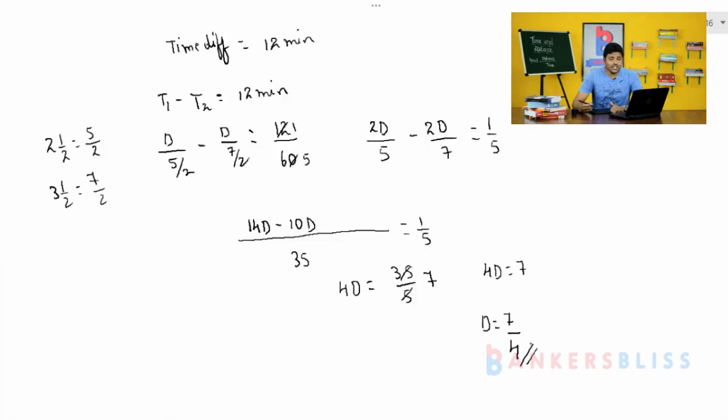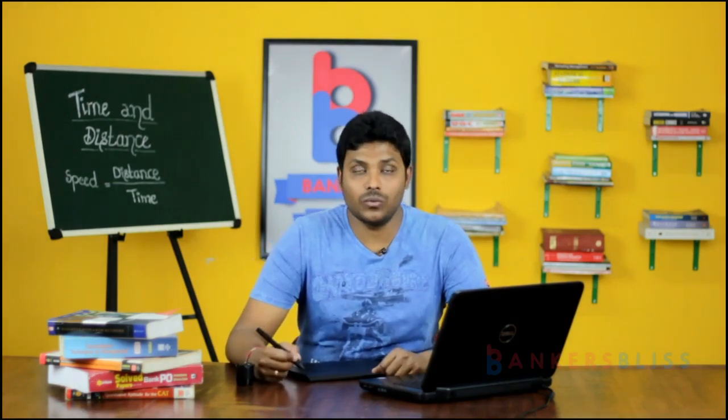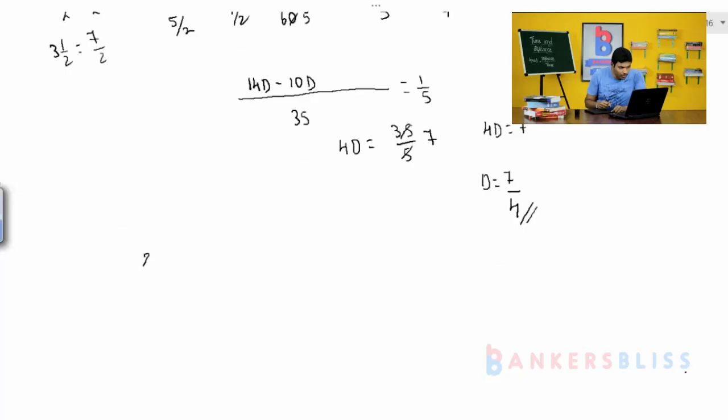Let us go to the next method, or the second method. How to solve this problem with the help of the second method. In the first method, we got d as 7 by 4. Now let us go for the second method. See here, 2.5 kilometer per hour, that is the first case, and 3.5 kilometer per hour. So what is the speed?